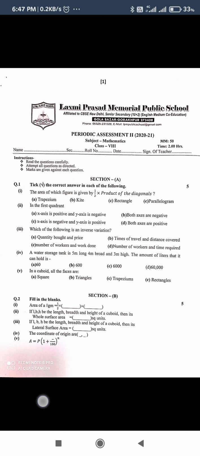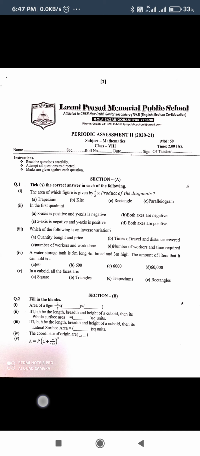So here the first part of question number 1: the area of which figure is given by half the product of diagonals? We have been given 4 alternatives: trapezium, kite, rectangle, parallelogram. So here the given options are not correct.